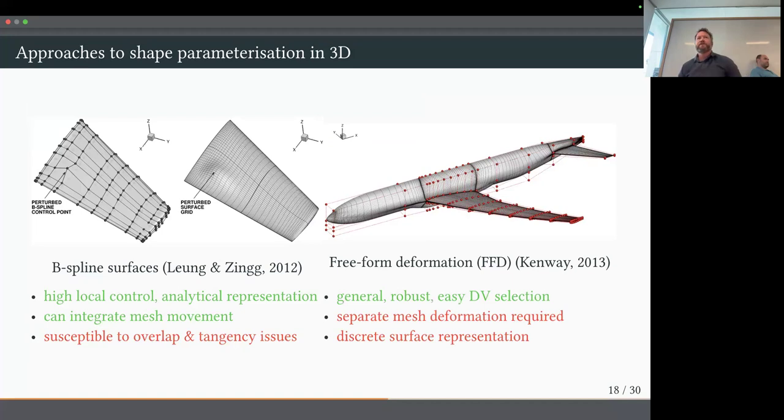There's a number of approaches you can take to do surface parameterization in a geometric sense. And on the left, I've shown B-spline surfaces. So we have a representation of the thing as a network of B-splines.